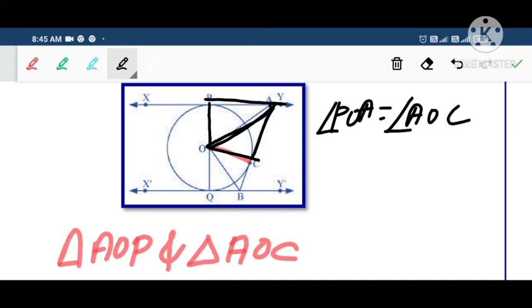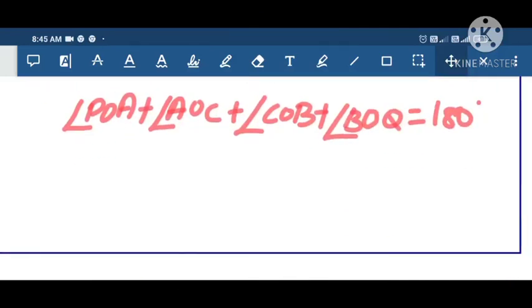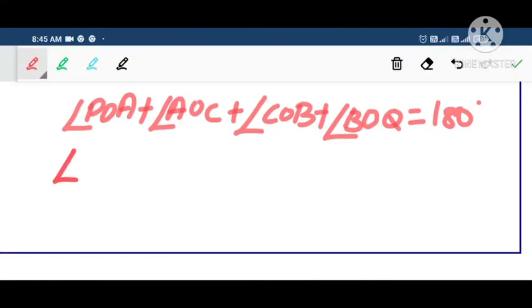These two triangles are congruent, which means sides and angles are both equal. So I take angle AOC equal to angle AOC, and angle AOC plus angle AOC.